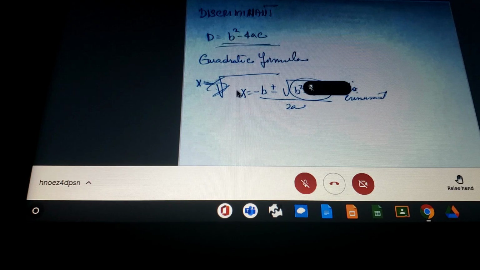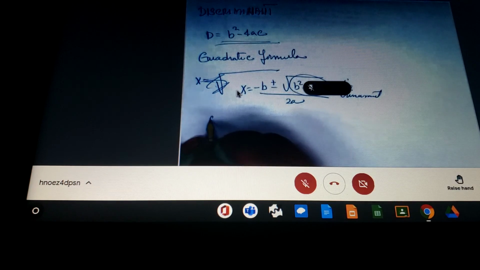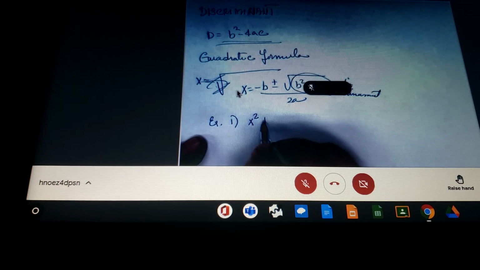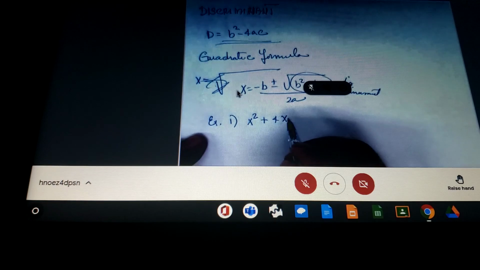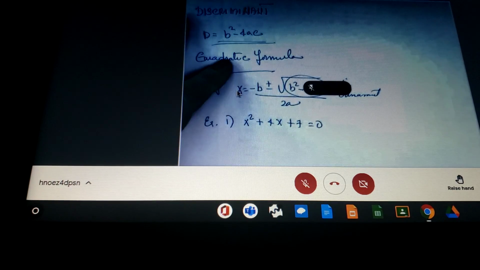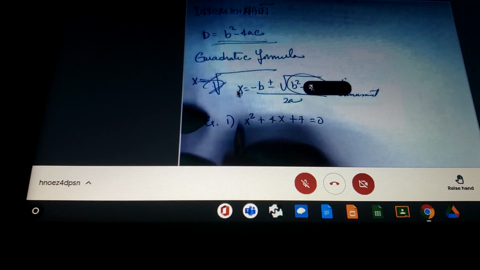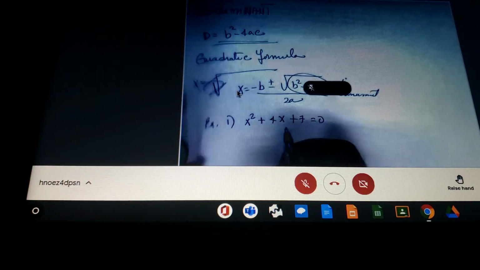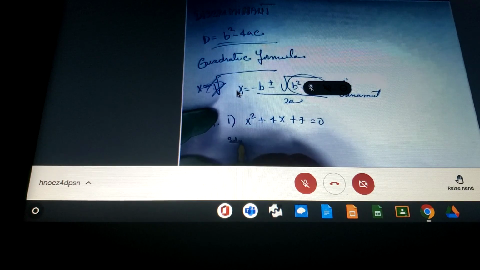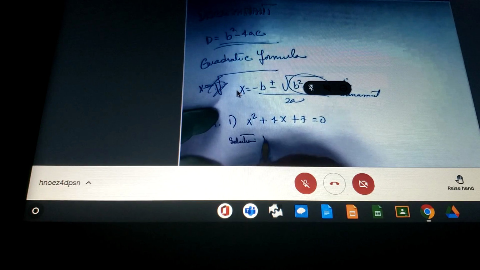Let's say we have example number 1: x squared plus 4x plus 7. And then you will be asked, what is the solution set? What is the value of x?